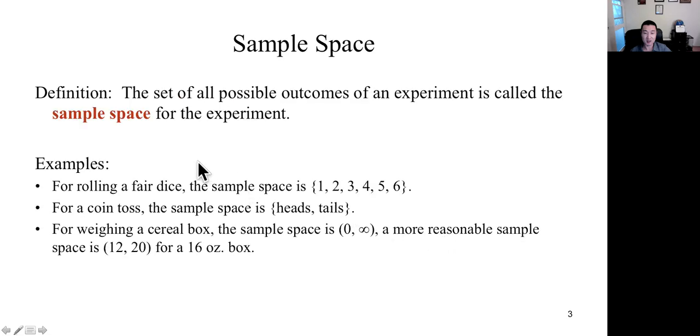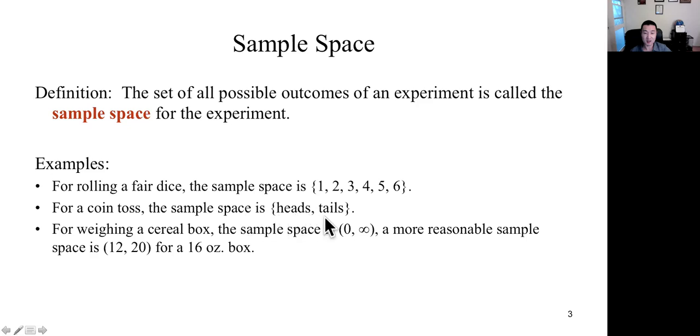A sample space is defined as the set of all possible outcomes of an experiment. For example, rolling a die, the sample space is 1, 2, 3, 4, 5, and 6. So all the possible outcomes for the experiment of rolling a die are 1, 2, 3, 4, 5, 6. Or toss a coin, the sample space, all the possible outcomes, is heads or tails.